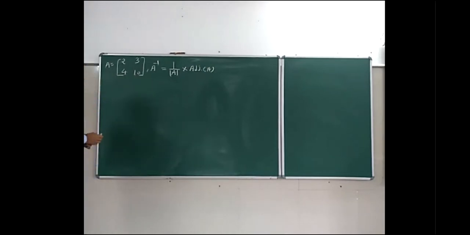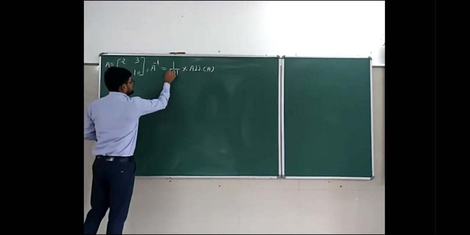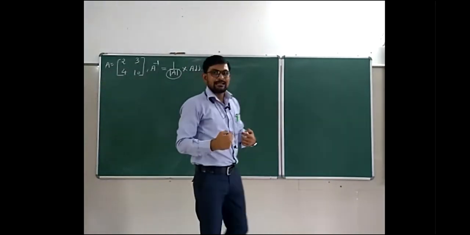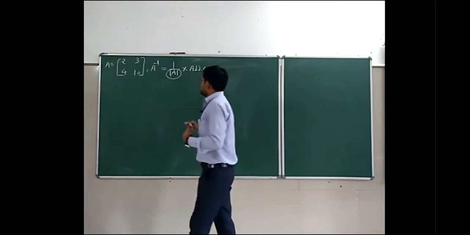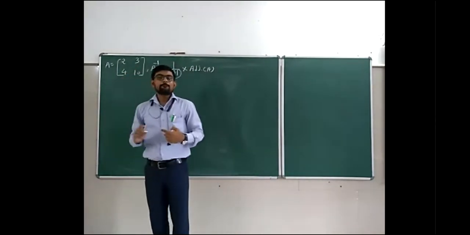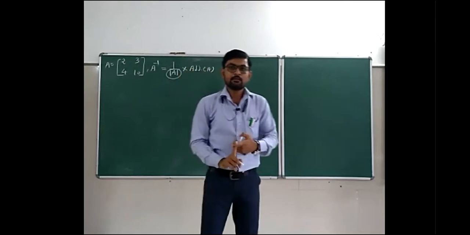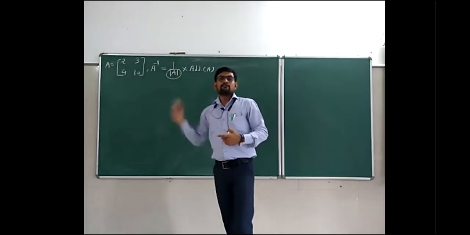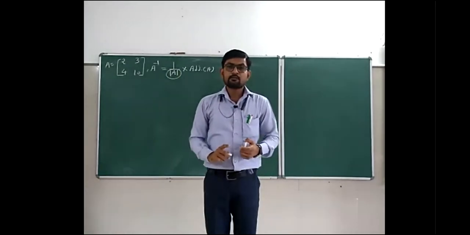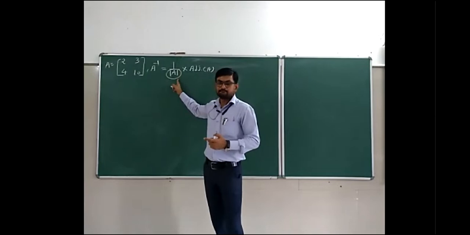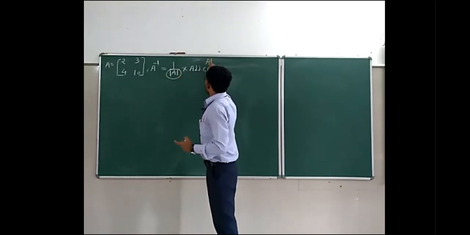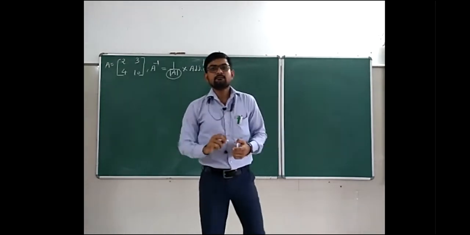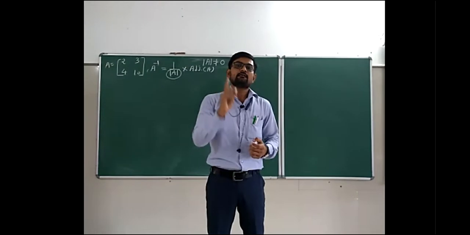Now, first we'll find the determinant of A. That means we'll find a particular value of matrix A, that is called the determinant. And there is one condition for the inverse of matrix A: if the determinant of A is not 0, then we can find the inverse.